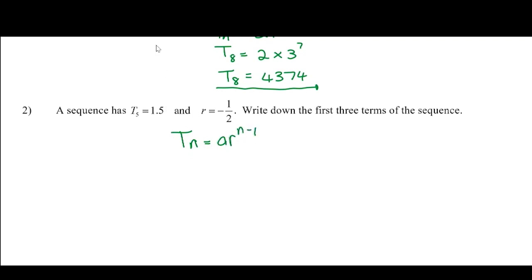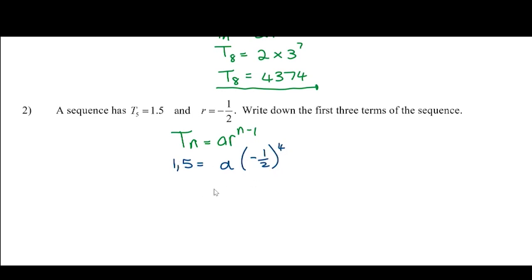Then we put in the fact that the 5th term is 1,5. So 1,5 equals a times, r is negative a half, raised to the power of 5 minus 1, or 4, because that's the 5th term is 1,5.